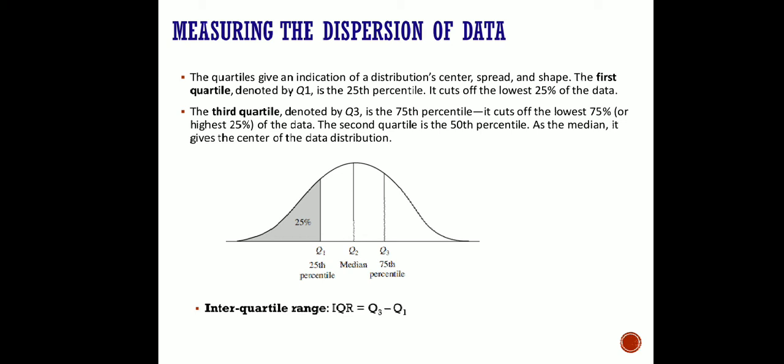The second quartile, that is the 50th percentile, or the midpoint between Q1 and Q3, is Q2, and this will be the median, because the median denotes the mid value of the total data set, or among the total data range present. So this is the median.